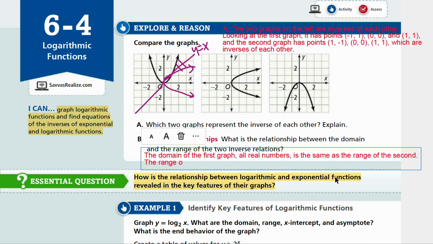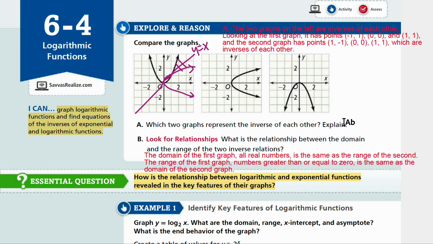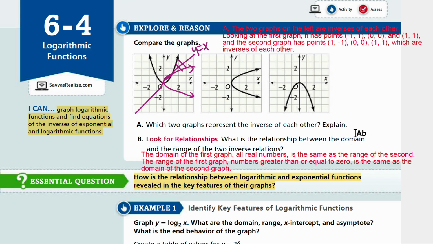The range of the first graph, which is numbers greater than or equal to 0, is the same as the domain of the second graph. Okay, there we go. So we have looked at the graphs of the inverse functions.